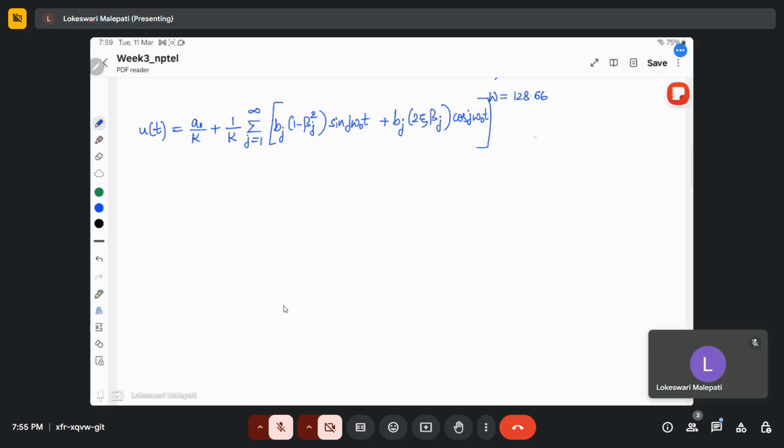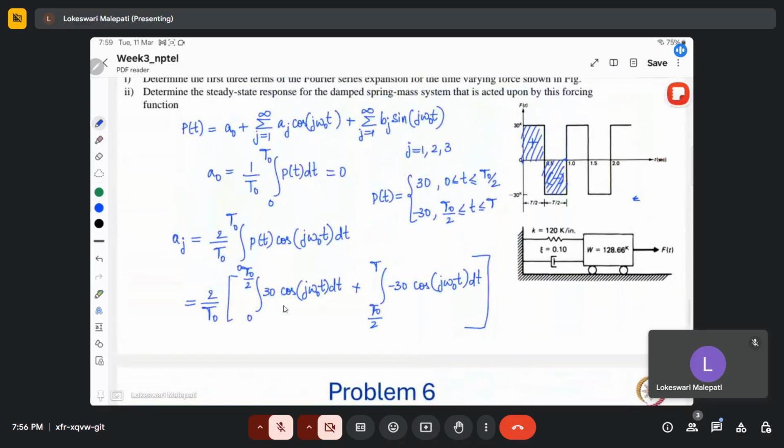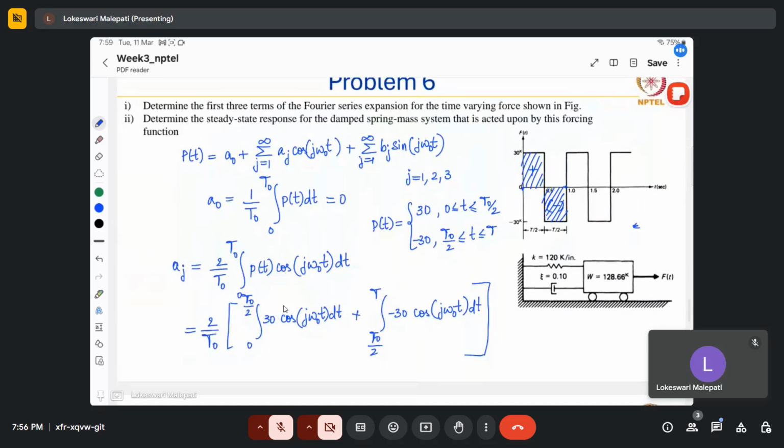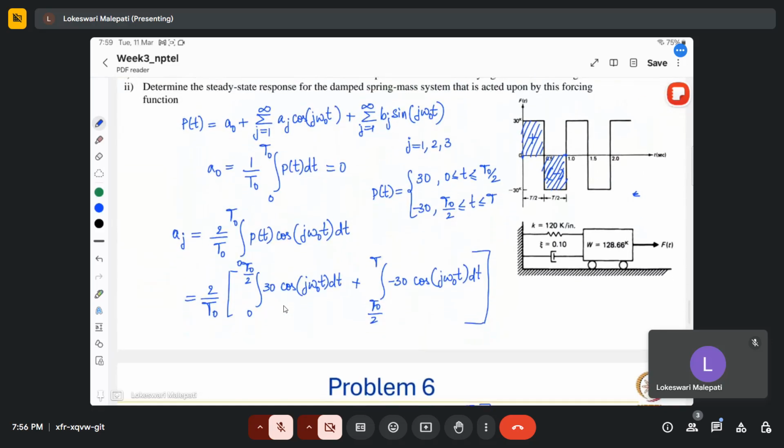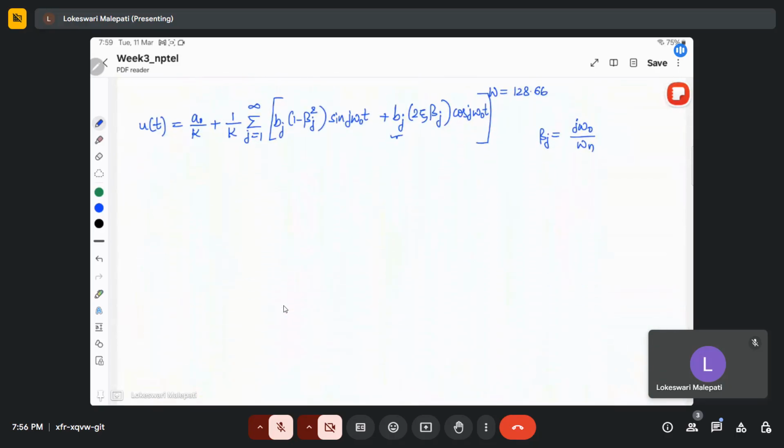In this, beta j is nothing but the frequency ratio, which is j omega naught divided by omega n. So we will just write down for the two terms that we got. For that we already obtained the bj, and beta j can be obtained as follows. They have given the forcing period, t naught, to be 1 second. From that we can find out omega naught.